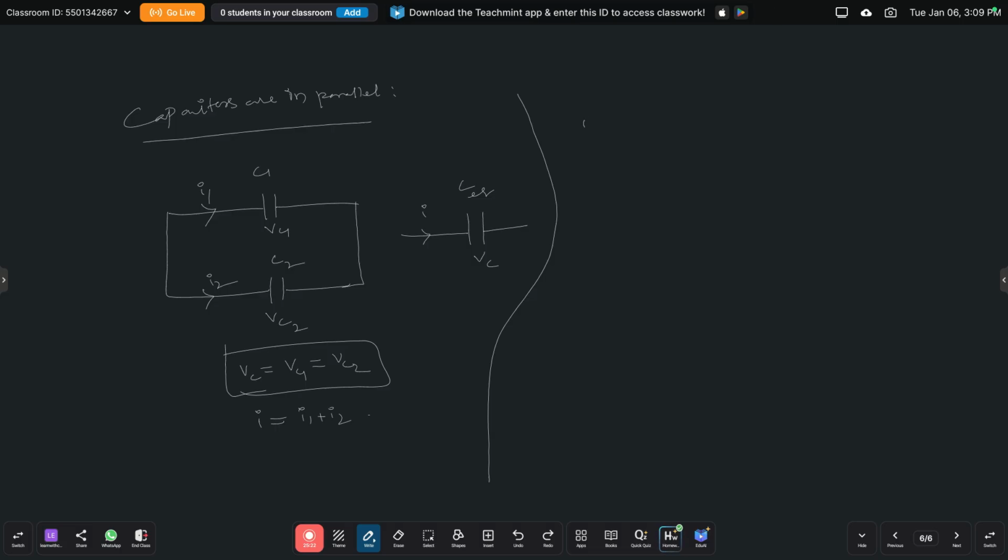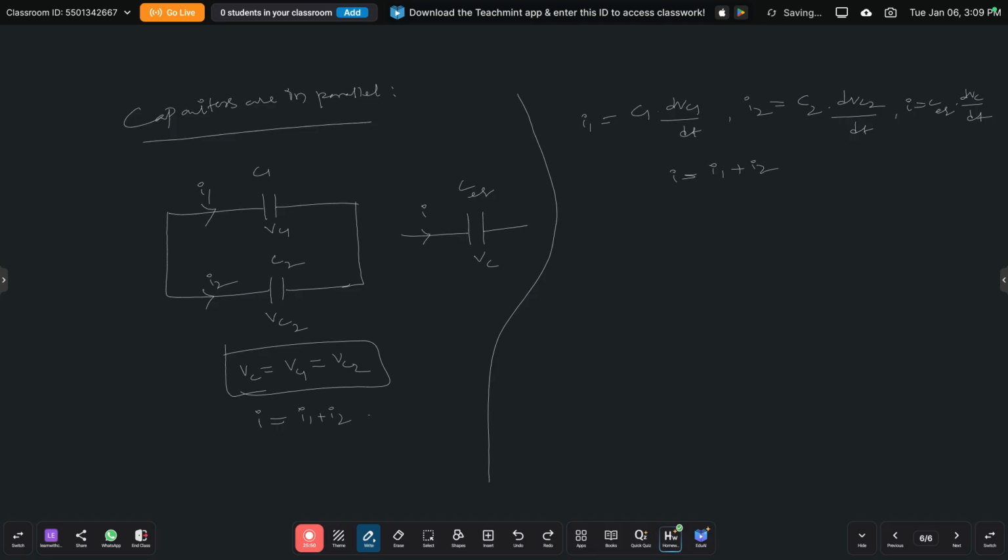I1 equals C1 dVc1 by dt, I2 equals C2 dVc2 by dt, and I equals C equivalent dVc by dt. So substitute all these equations in I equals I1 plus I2.